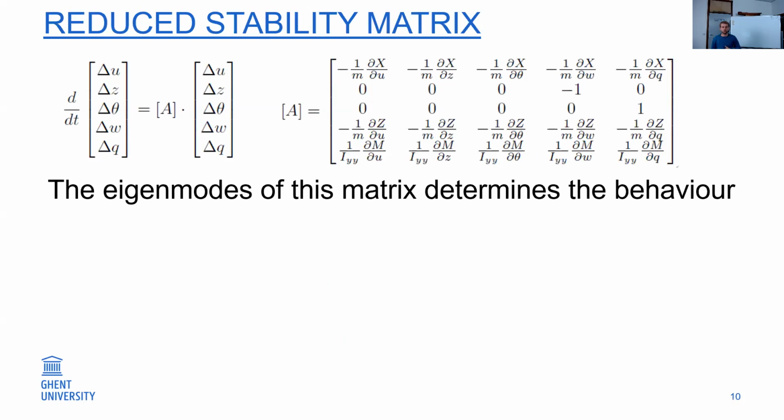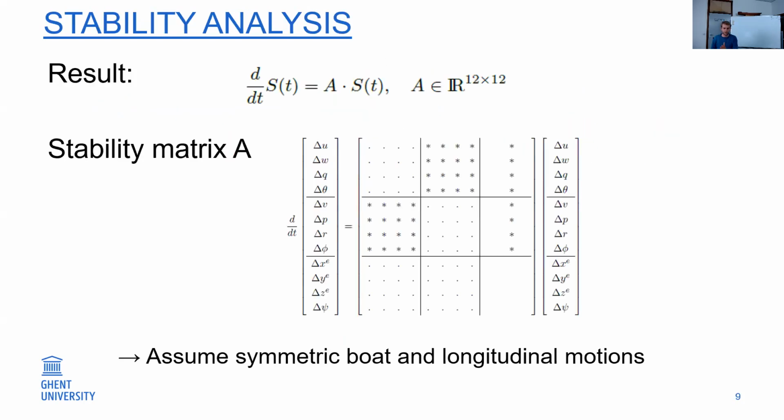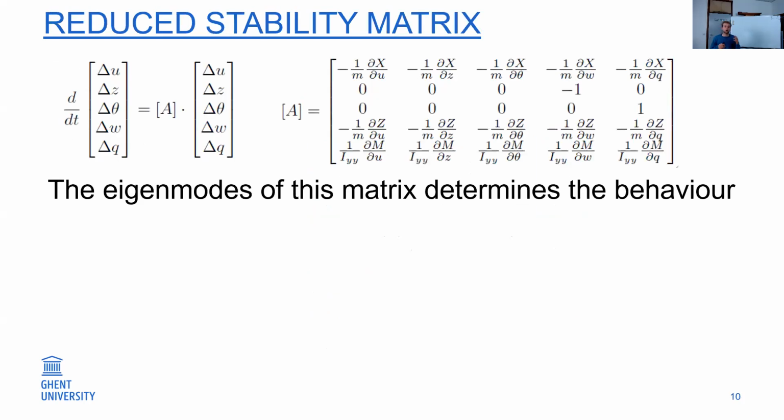If we now assume only a symmetric boat and longitudinal motions, we can use a reduced stability matrix, or a longitudinal stability matrix, and then it gets the following outlook. So again, a reduced state vector, and the time derivative of it is equal to A times this same state vector.